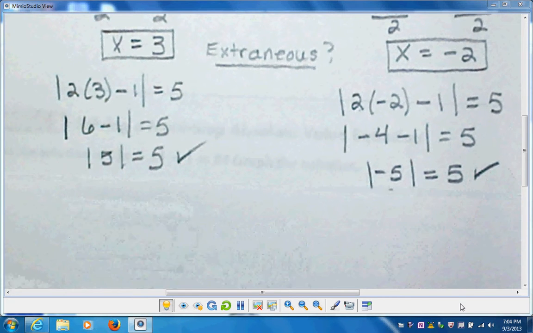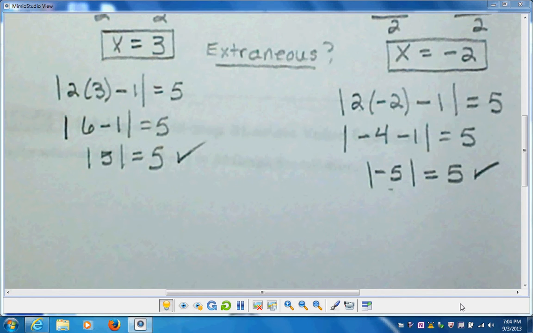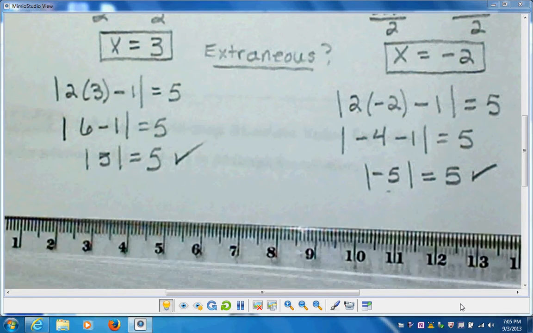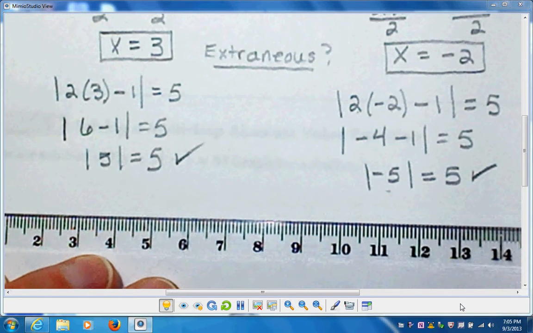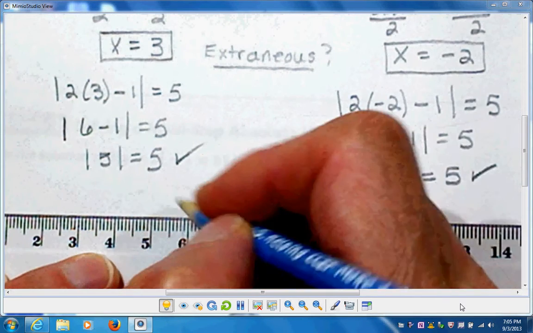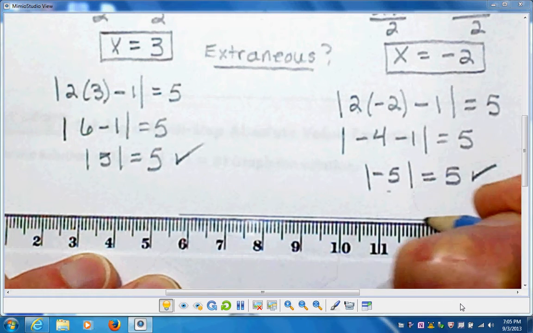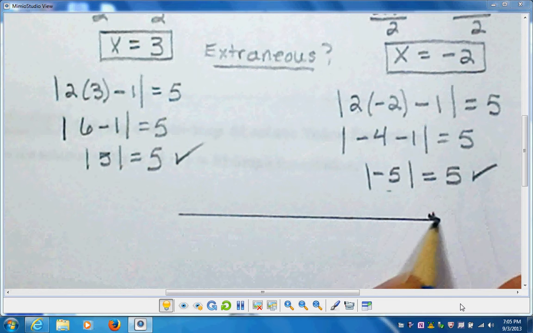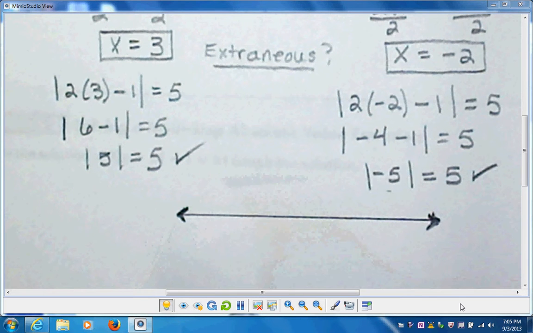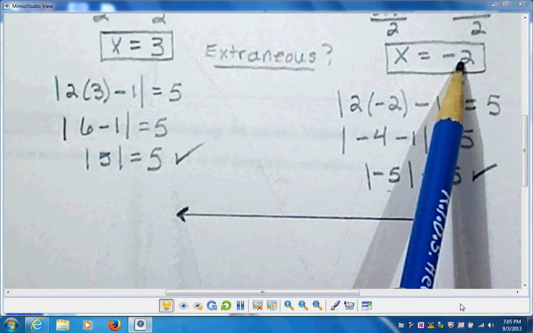Now this also asks you to graph. There's two ways that we can graph this function. I'm going to show you one way right here. Using my ruler, I'm going to draw a number line. I don't bother putting all the little marks. I just need to know I have 3 and I have negative 2.